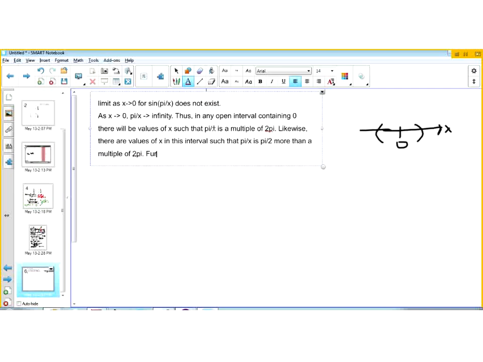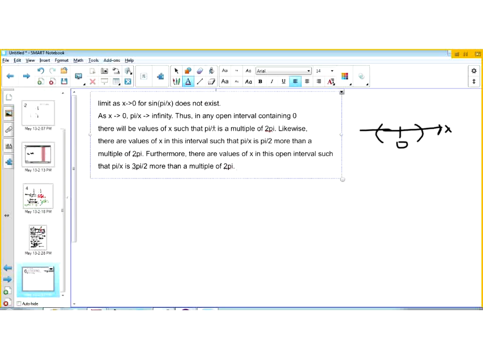Furthermore, there are values of x in this open interval such that pi over x is 3 pi over 2 more than a multiple of 2 pi.